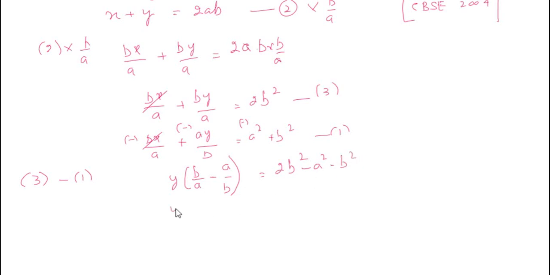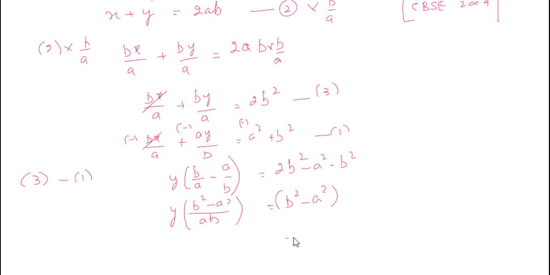So this one y, let us have the LCM here, ab. Once you have LCM ab, then this becomes b square minus a square, this is 2b square minus b square, so b square minus a square.